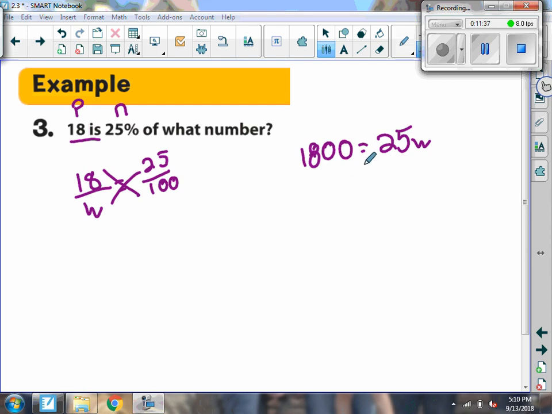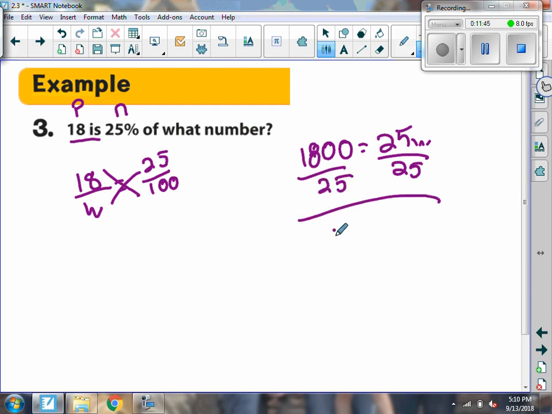Okay, so we divide both sides. We're going to divide both sides by 25. So W is equal to, let me figure out, let's work this one out. 25 goes into 180 7 times.